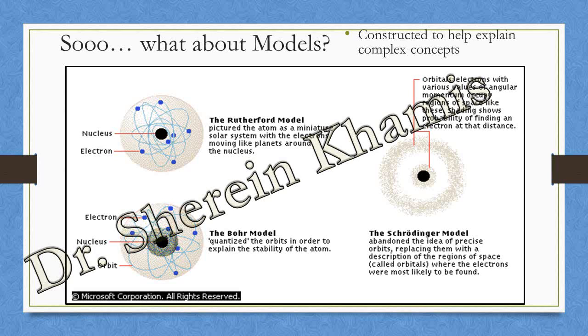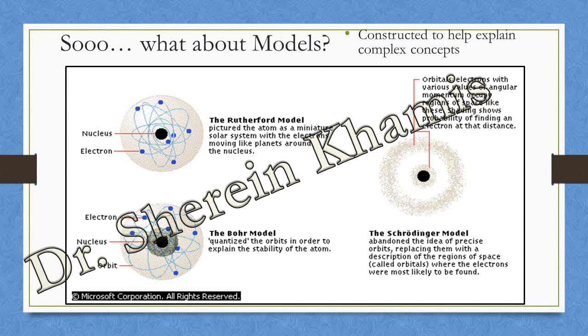Here we have the first one, the Rutherford model. Okay, Rutherford model. When you look at the picture in front of you, we have the nucleus and the electrons surrounding it. Picture the atom as a miniature of nature, like what? We have the center nucleus surrounded by electrons.